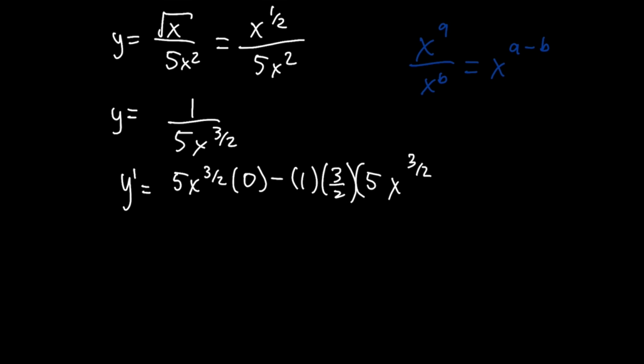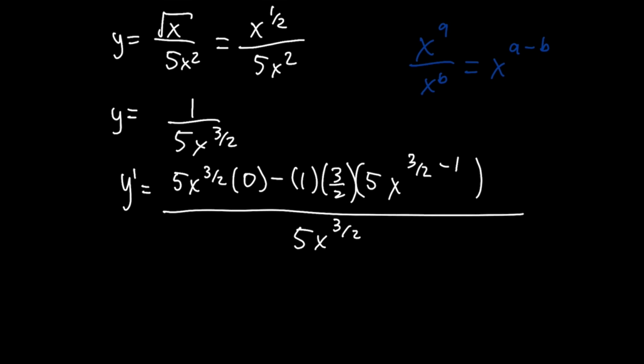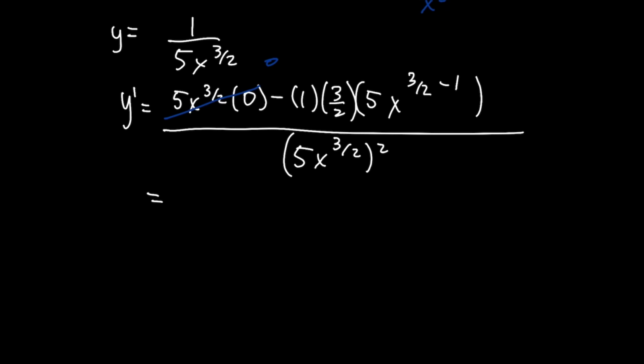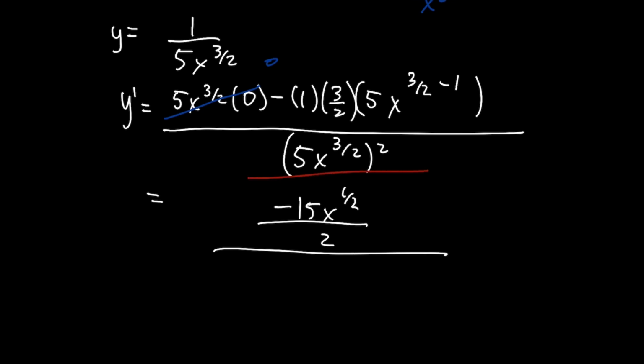Then subtract 1 from the exponent, all over the denominator squared. 3 times 5, that is 15x. 3/2 minus 1 is 1/2, all over, let's square this term here, 5 squared, that is 25, times x raised to 3/2 times 2, that is x raised to 6 over 2, or 6 over 2 is simply equal to 3.